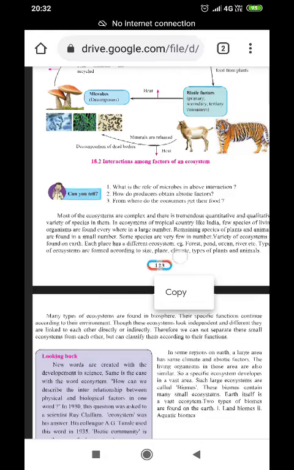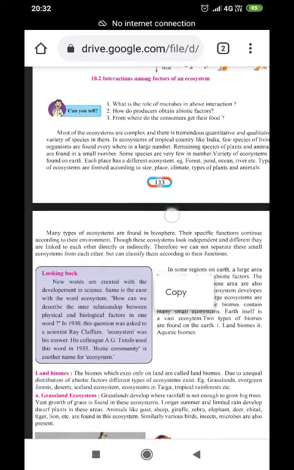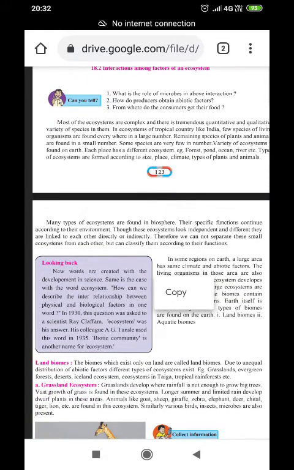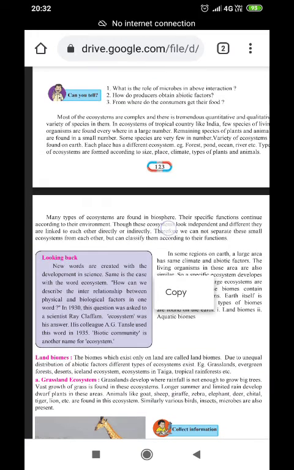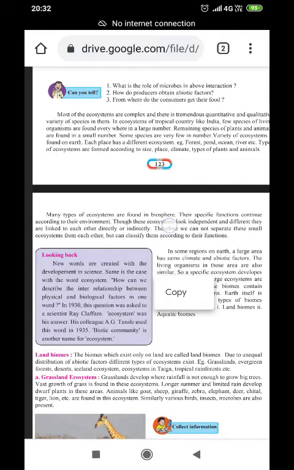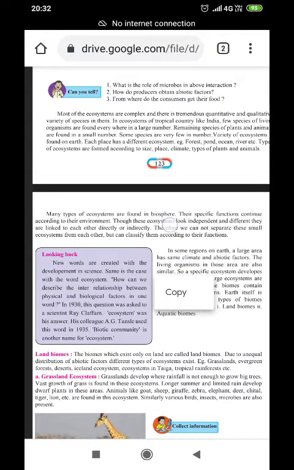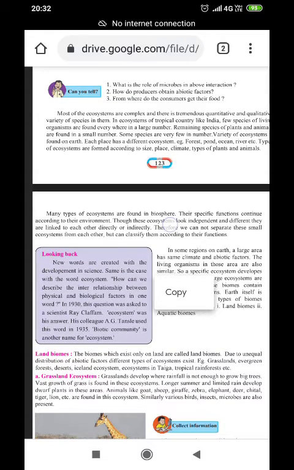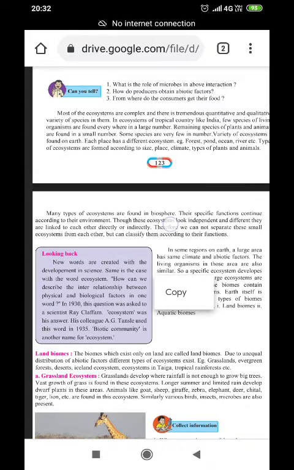Now we'll move to other factors. Now, what is the role of microbes in the above interactions? Microbes are definitely responsible for decomposition after the death of these animals. How do producers obtain abiotic factors? Abiotic factors, for example, air.